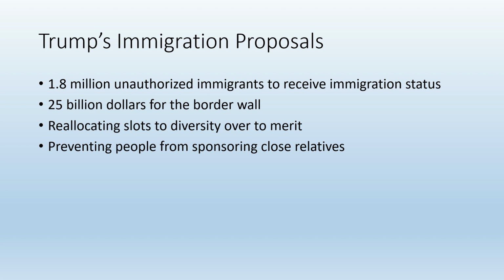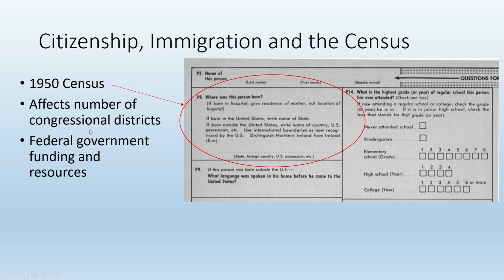We are unable to come to an agreement on it. In terms of the census, it does affect a number of congressional districts. So the census matters. The big controversy, of course, is on the right, Republicans believe that it's to their detriment to allow a generous citizenship policy for the census to count people, because then it will give more congressional districts to Democrats.